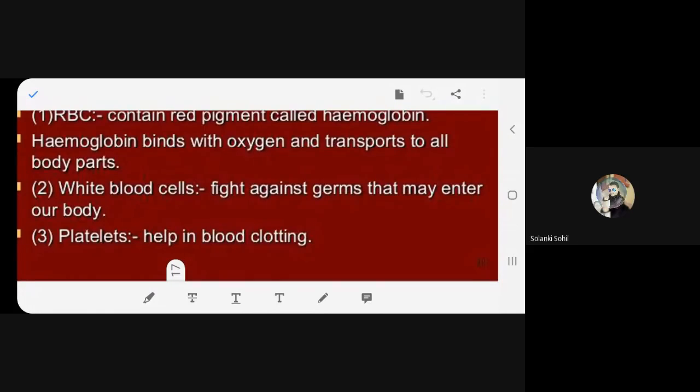Yes, ma'am. That is called clotting. Because remember, if the blood starts flowing and does not stop, we will die. Yes or no? Yes, ma'am. What has nature done? The mechanism that it will clot. After some time, the blood clots.